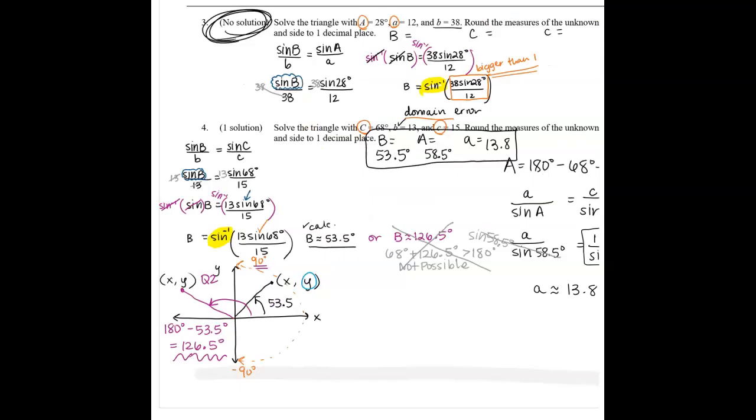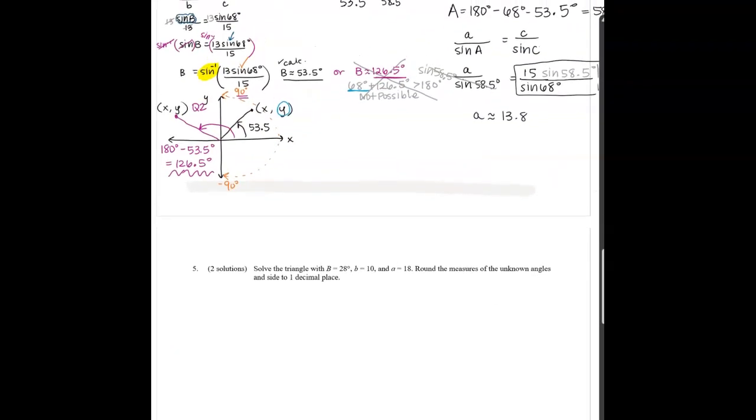Once we have that potential second angle, we need to look back at the angle that we started with, which was the 68 degrees, and say, is it even possible that the second angle in the triangle, capital B, is 126? In this case, it was not possible. In the next example that we look at, when we find this second angle, it will be possible. It will not be bigger than 180 degrees, and so we will end up with 2 solutions to that triangle.